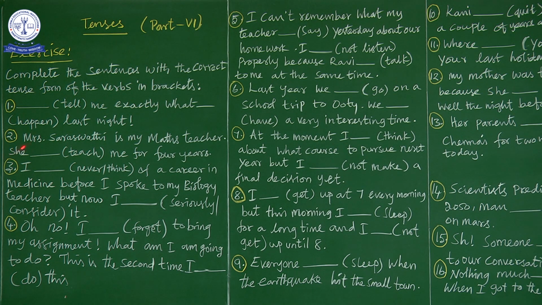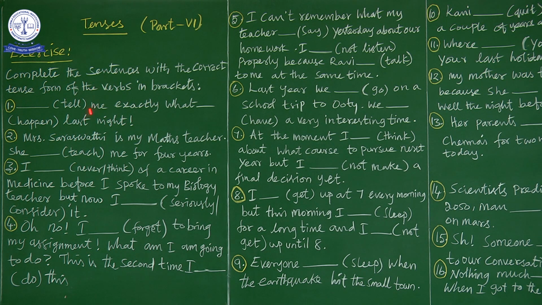So this verb, the present form of the verb, will change into the past form. Since it is a simple past tense, we have to go for the past form. Happen, happened. So here, what happened last night?